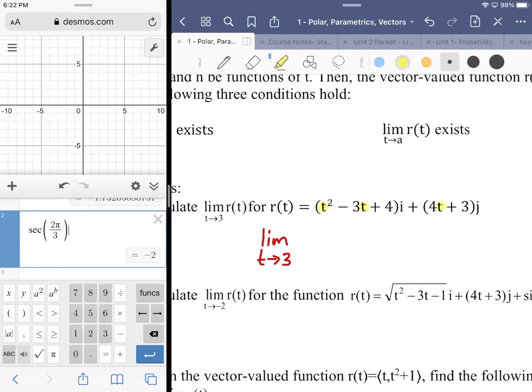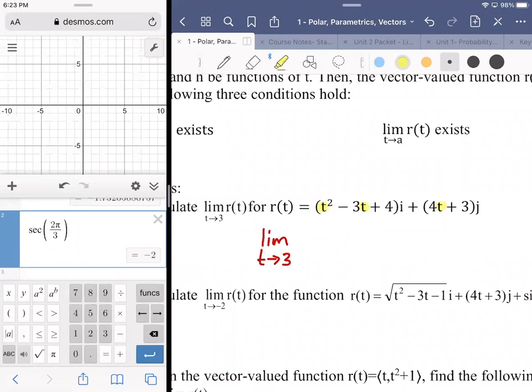My license for being able to do that is because there are no restrictions to this function. It's not a trig function. There's no radicals in it. There's no fractions in it. So there's no way this function could be undefined or imaginary, and there's no contextual situation that would say I don't want to have negative numbers or anything like that. It's not a piecewise, so there's no gaps or jumps or anything along those lines.